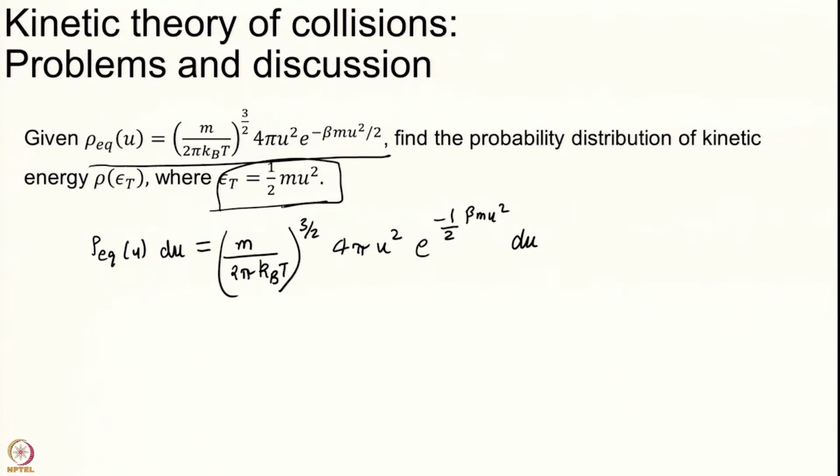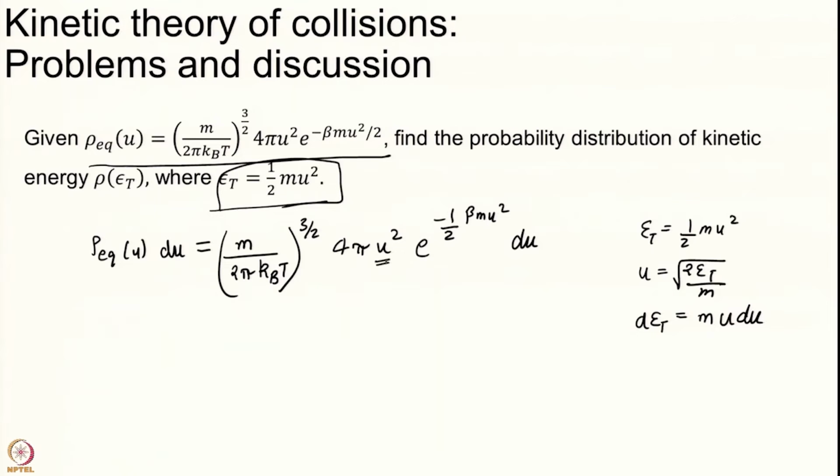So, what do I do? E is half mu square. First notice u equal to square root of 2 epsilon over mu, this is simple manipulation, this is not hard, and d epsilon is mu du, and I will just play around with it. You can do it in any fashion that you like.